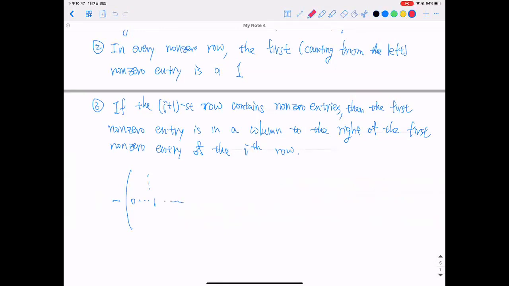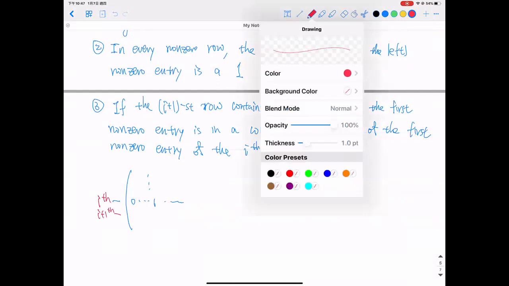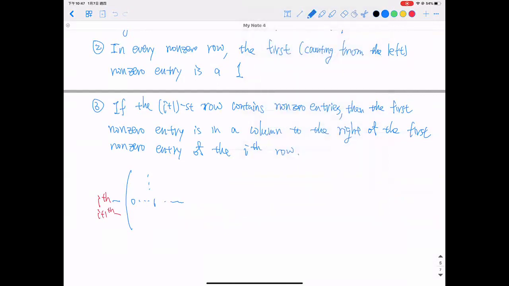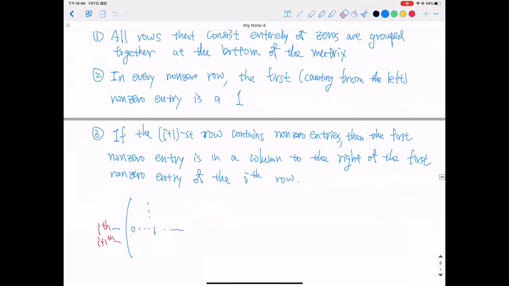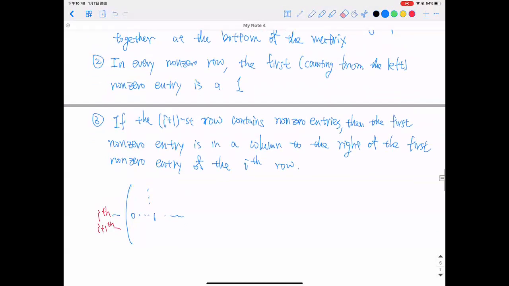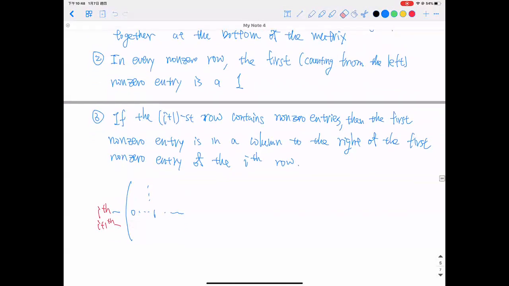Now the next row will be the i plus first row, and this row could be entirely 0, because it's possible it could be one of those 0 rows, or maybe it's a non-zero row.